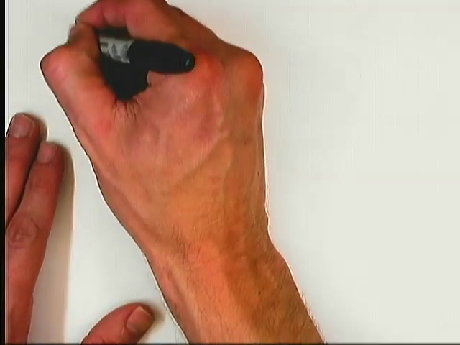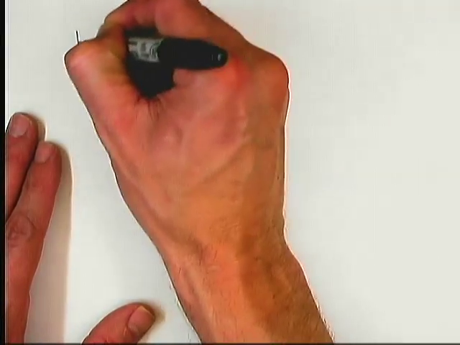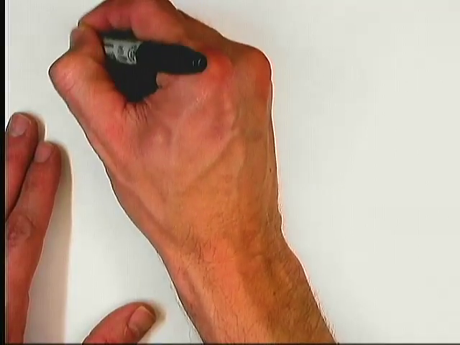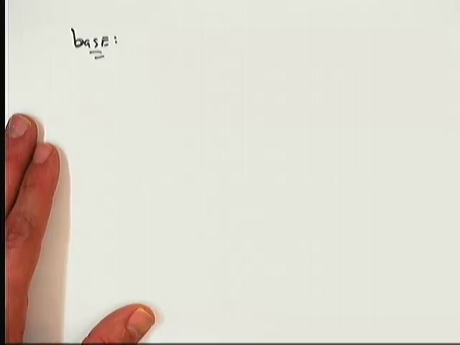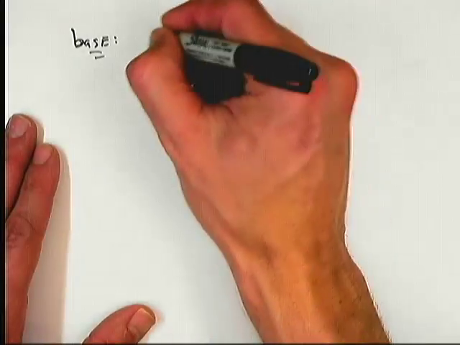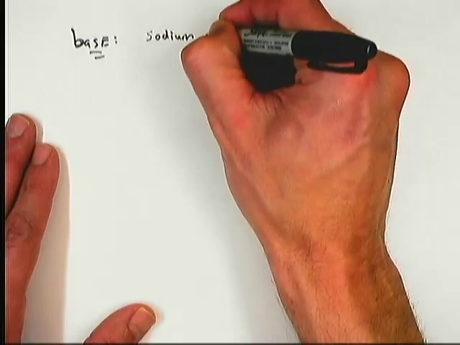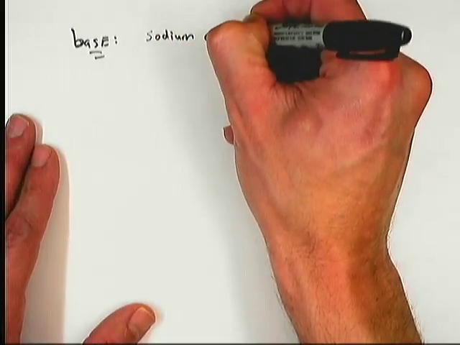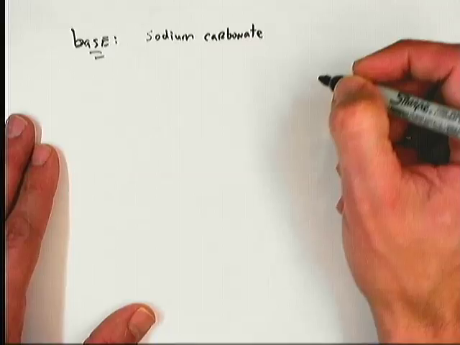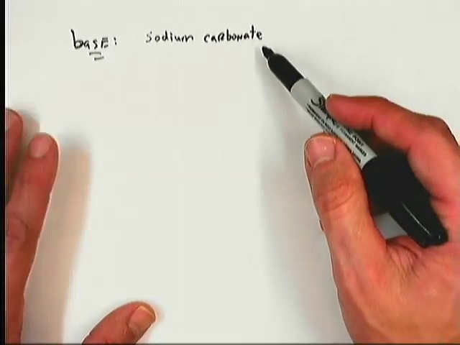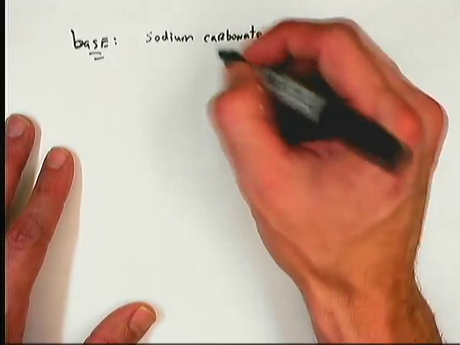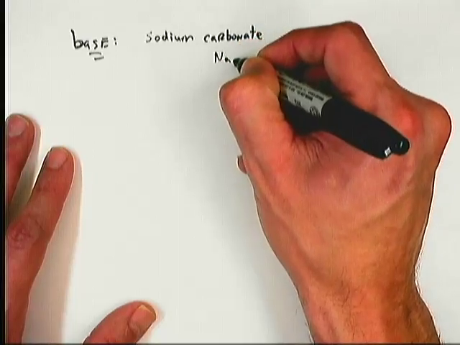Now, you say, okay, KHP for an acid standard, but what about a primary standard base that I might use? Probably a pretty good example for you to keep in mind for a base would be sodium carbonate.